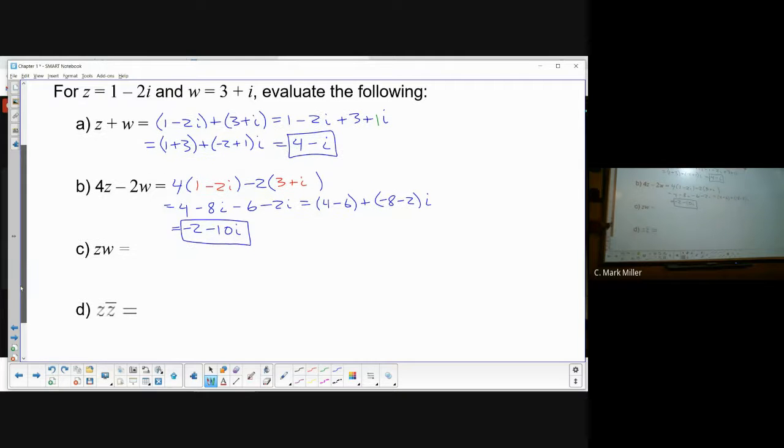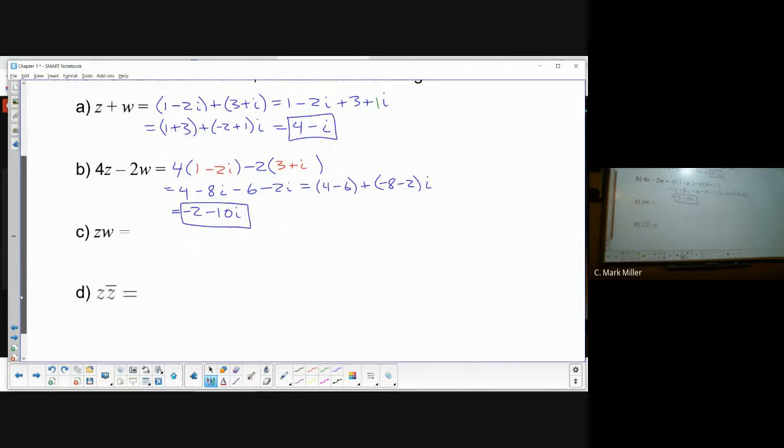It gets a little stickier here. Z times w. Not bad, though.